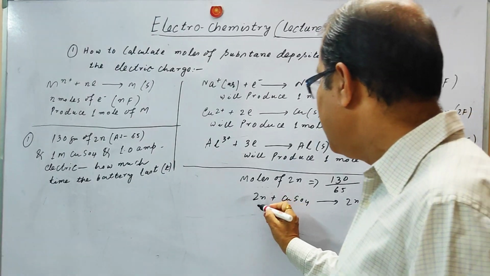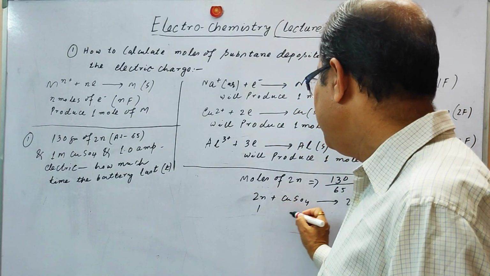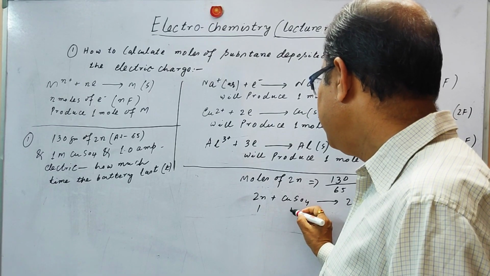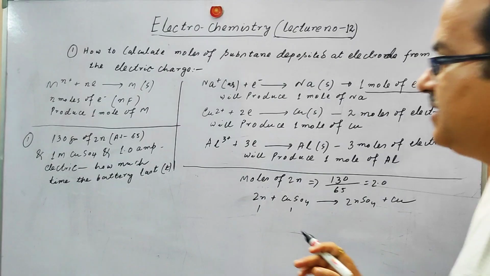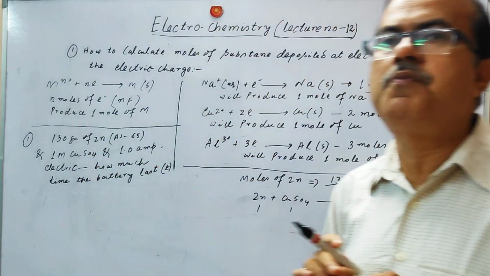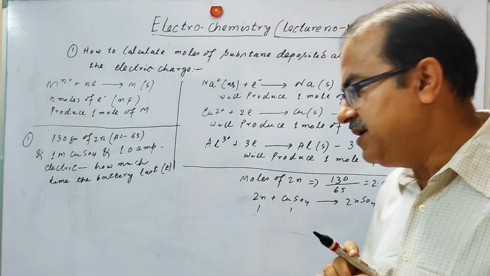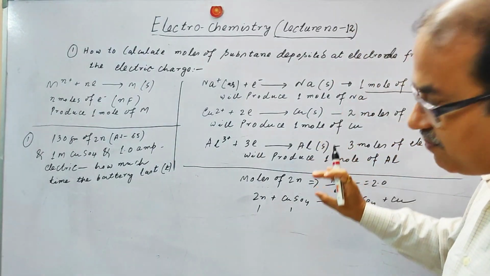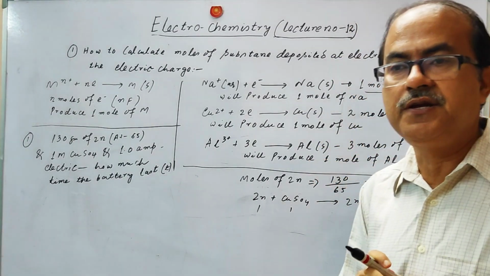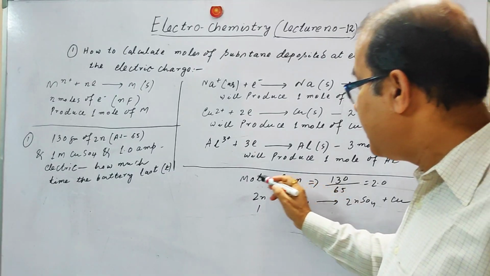So 1 mole of zinc will react with 1 mole of copper sulfate. But in the cell there is only 1 mole of copper sulfate, so it is the limiting reagent, because this amount will limit the reaction.